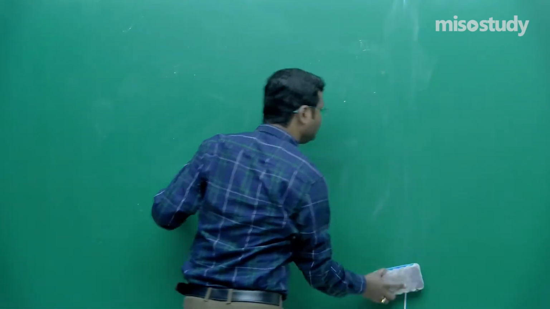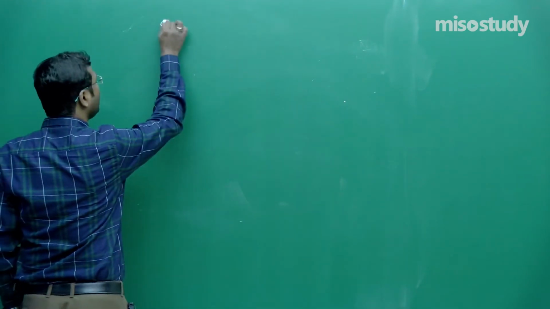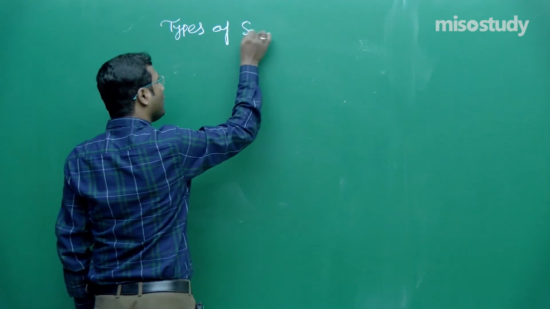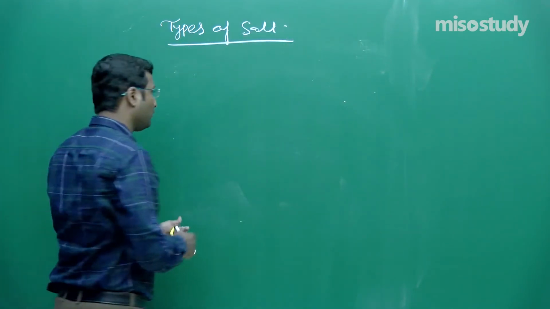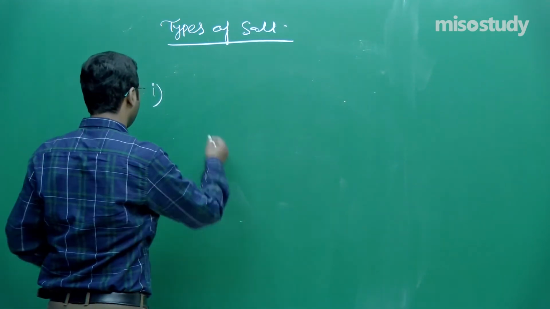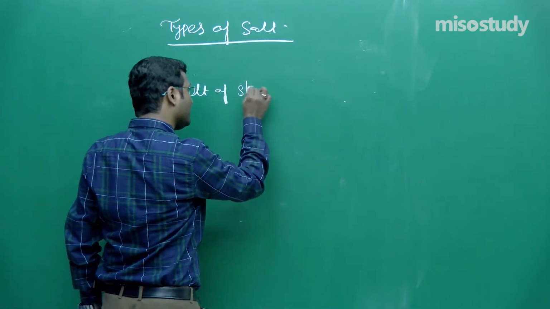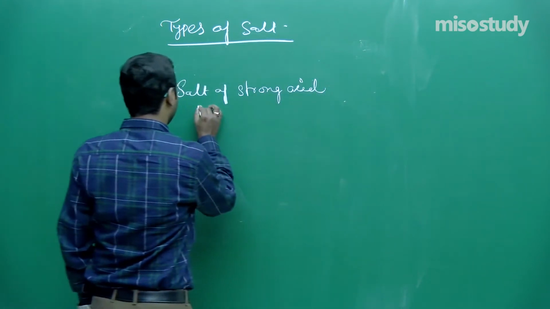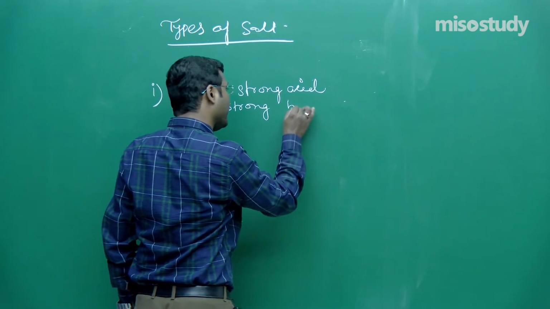Now look, friend. The topic is types of salt. Okay, friend. Now, first one is salt of strong acid and strong base.